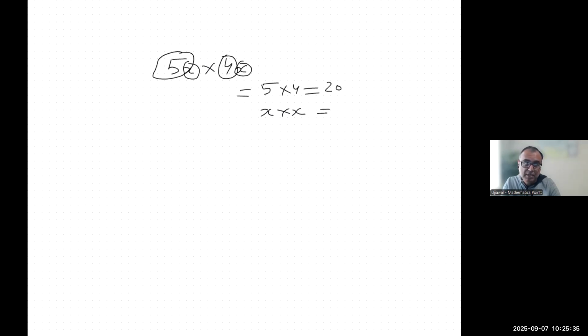X times x gives me, now this is x raised to the power of 1 and x raised to the power of 1, so 1 plus 1 makes it 2. And I combine both of them, and the answer is 20x squared. Good. Good on you.